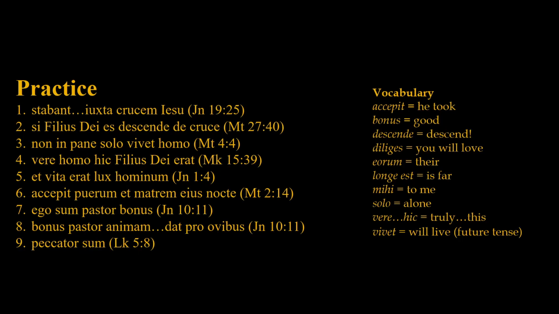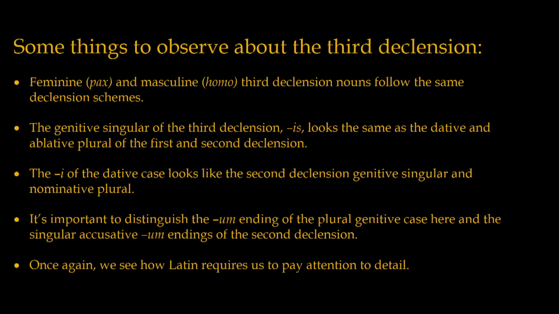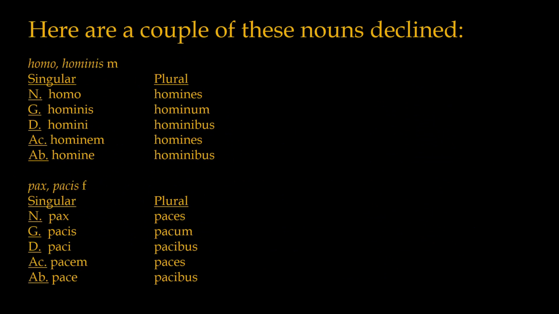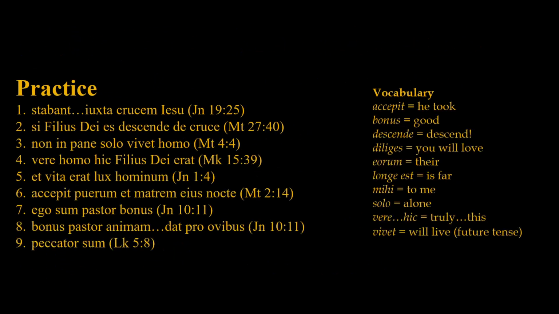The good pastor gives his soul on account of or for the ovibus, something like that. So the good pastor gives his soul for the ovibus, for the sheep, on behalf of the sheep. So I think we're looking there at the ablative plural, okay? And you can see how that works there according to that scheme.